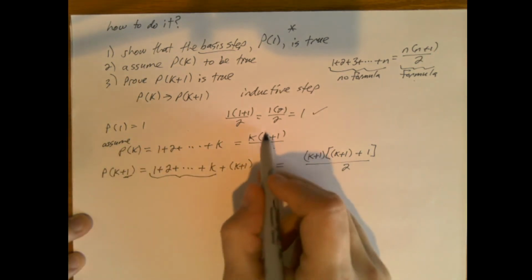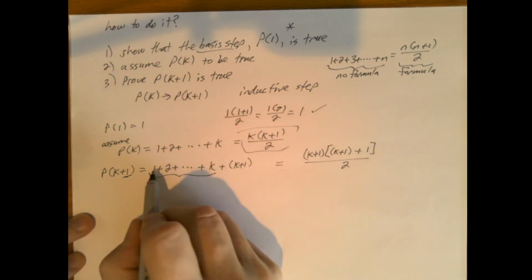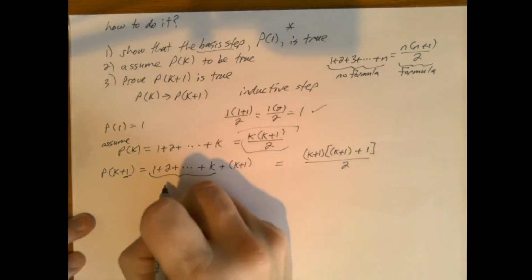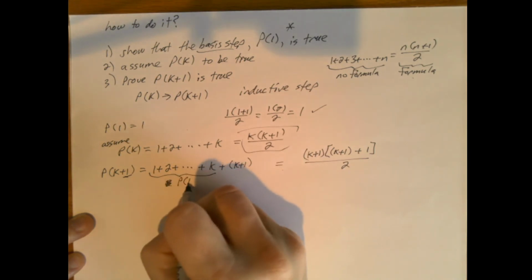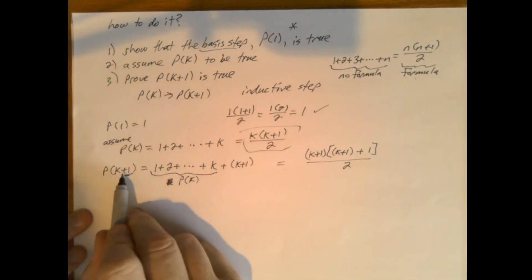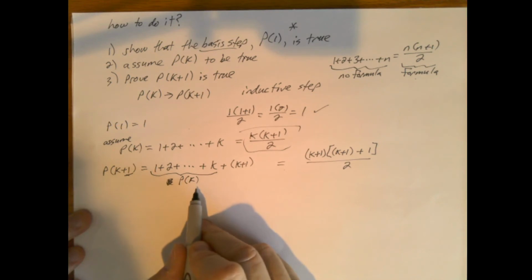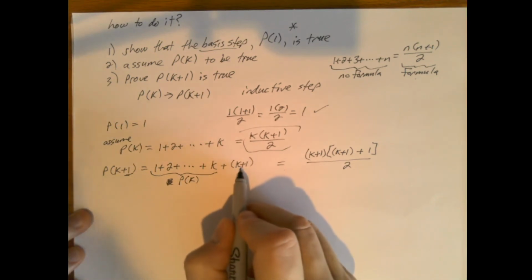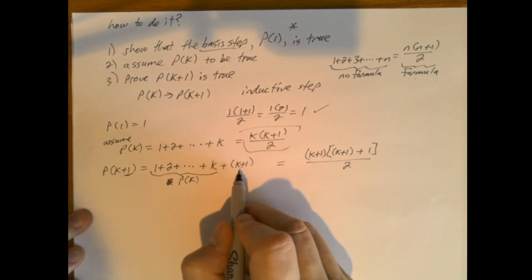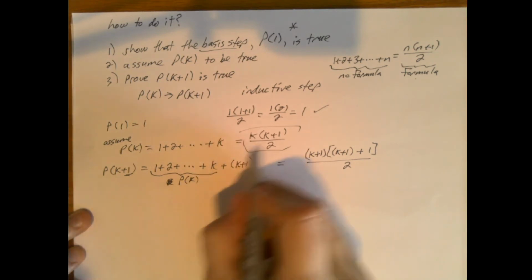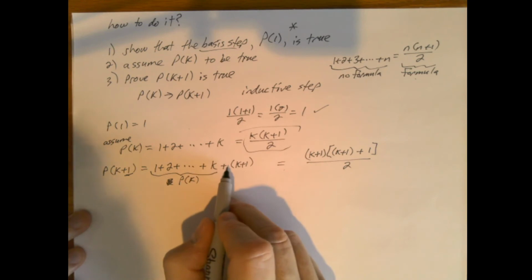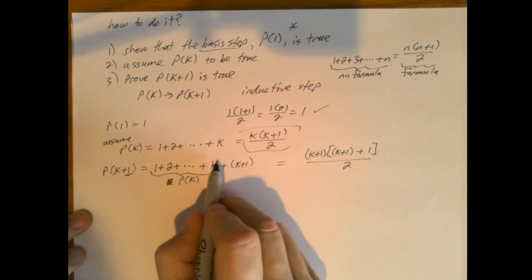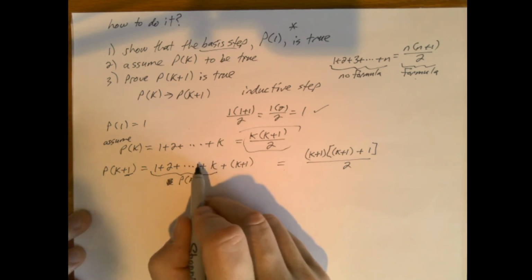Well, if the formula is really true, then I can replace this part by the formula. This right here is really just P of k. So it says P of k plus 1 is equal to P of k plus the extra value, k plus 1. So let's use the formula in this place. If I still just add these up manually, it absolutely has to be whatever the correct sum is, unless I make an arithmetic mistake.